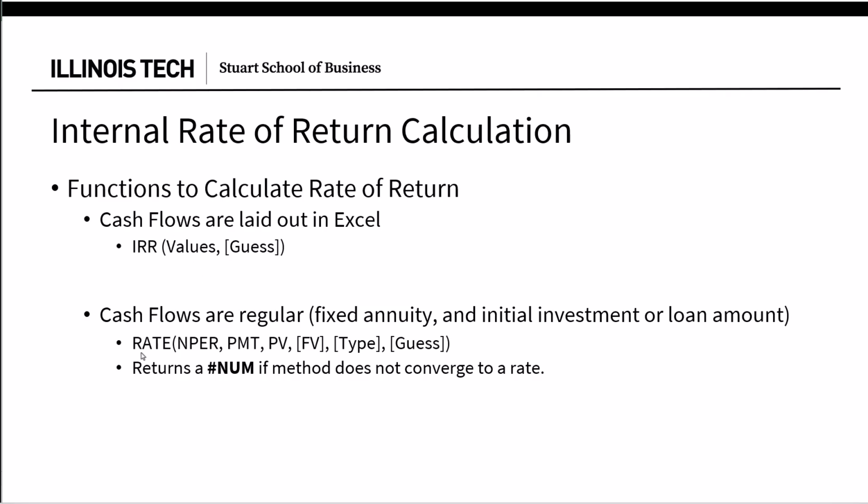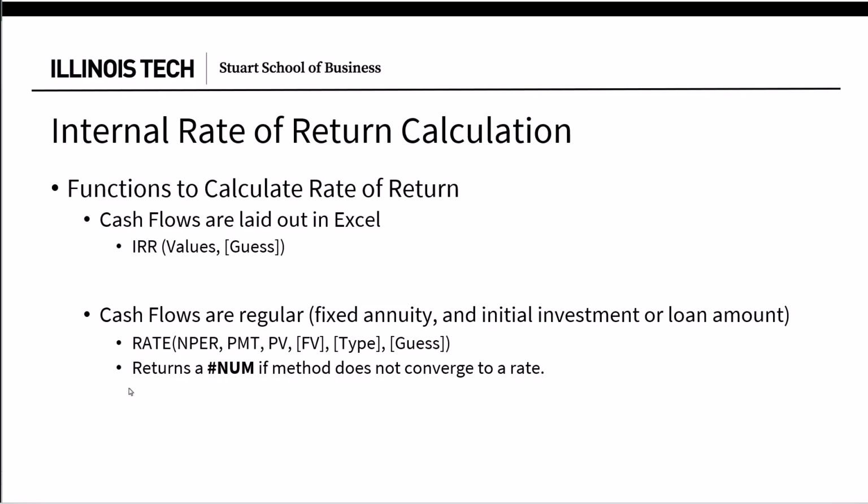In the rate function, as we have used before, we have the number of periods, the payment, the present value, and then we can put in a future value, and then we have an option to guess. This is because for both of these, sometimes there are multiple roots. There are multiple discount rates that actually set the NPV to zero. And we'll talk more about that in a subsequent lesson, okay?